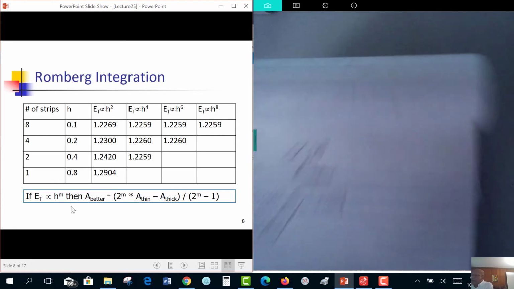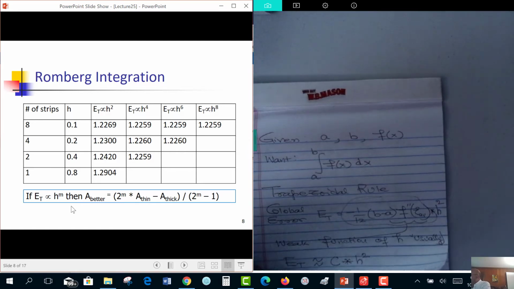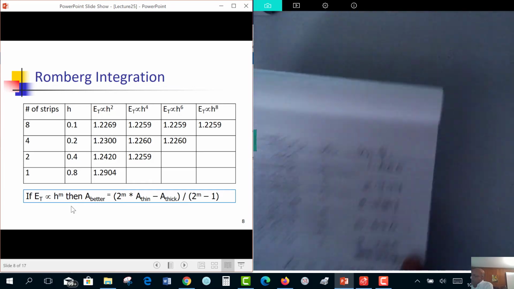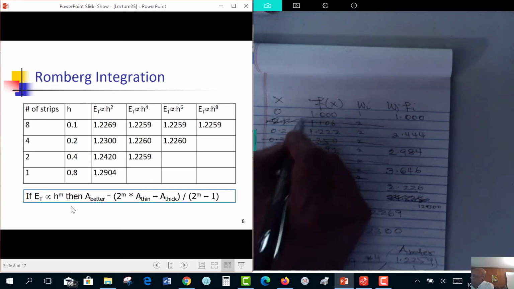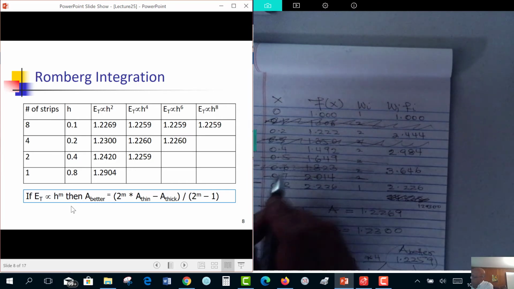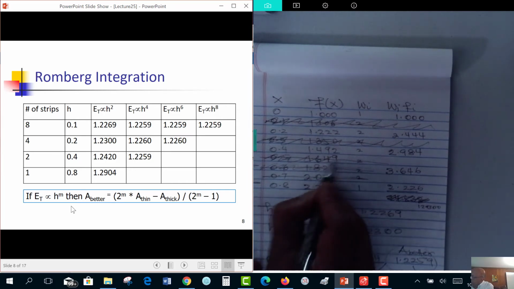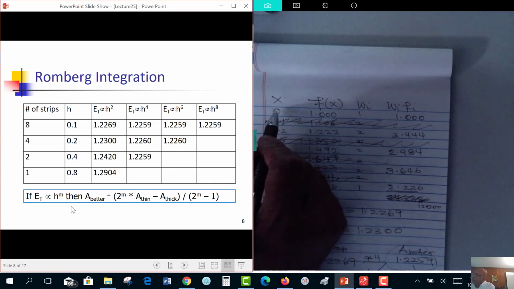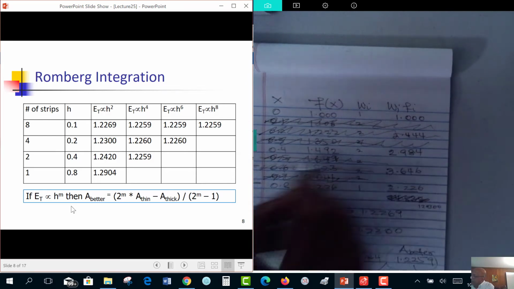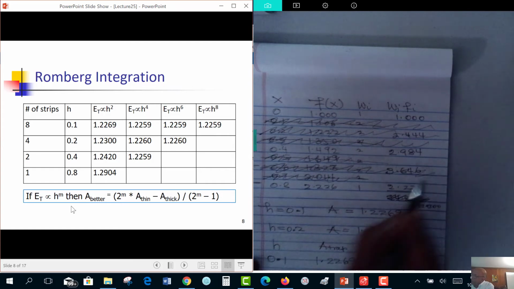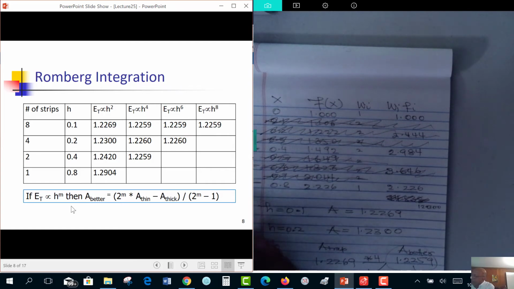So I'm going to flip my page, and remember we had thrown away all these alternate values. Now we throw away alternate values again. So we'll throw this one, keep this one, throw this one. So now we have just two strips.